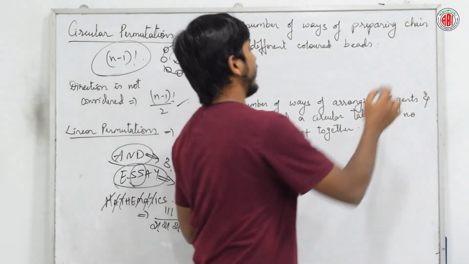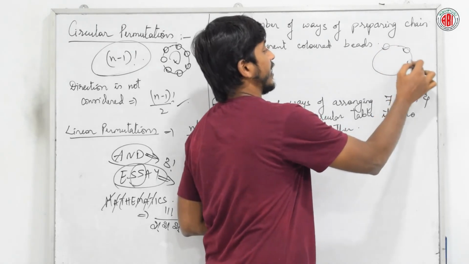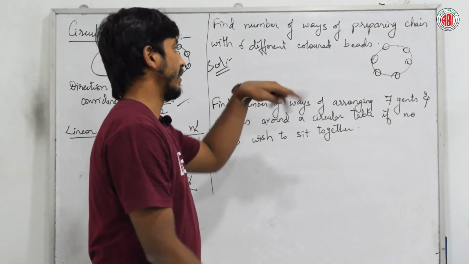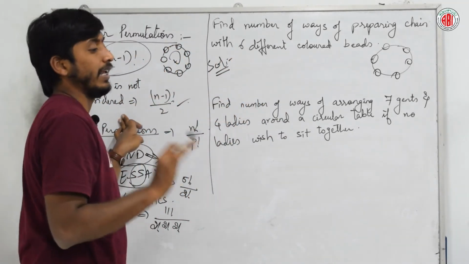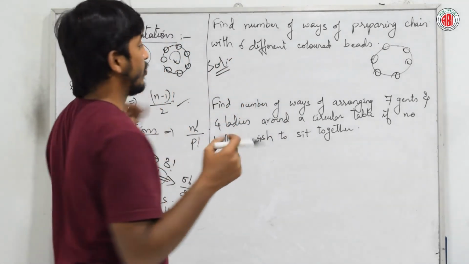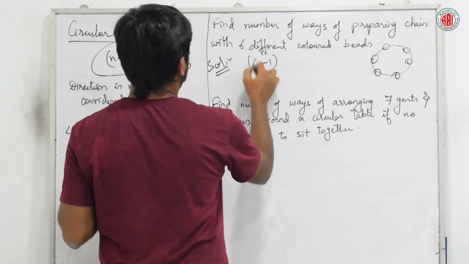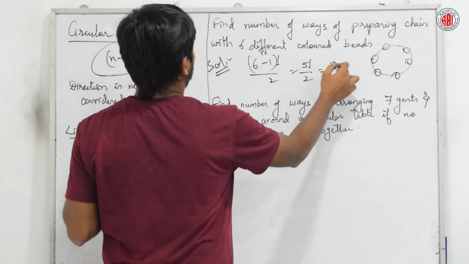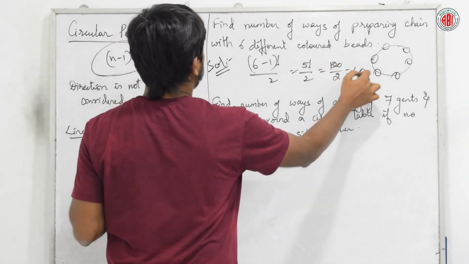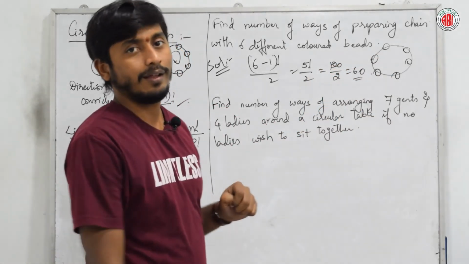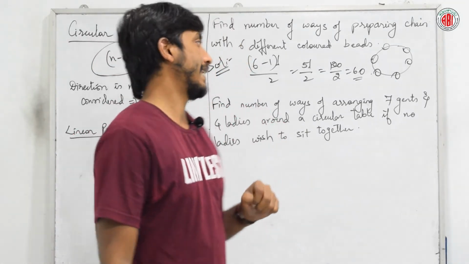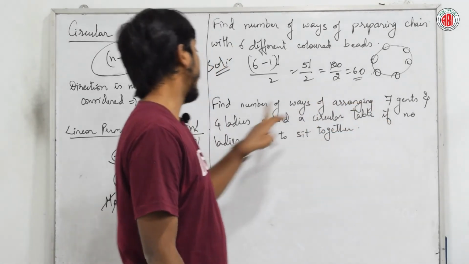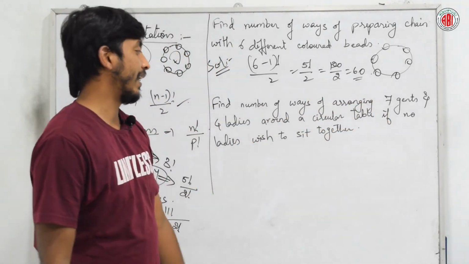Since it is a kind of chain in which we have to arrange 6 beads in a circular manner without any direction consideration, directly the answer will be 6 minus 1 factorial by 2, which is 5 factorial by 2, that is 120 by 2, that is 60. Done. Yes.